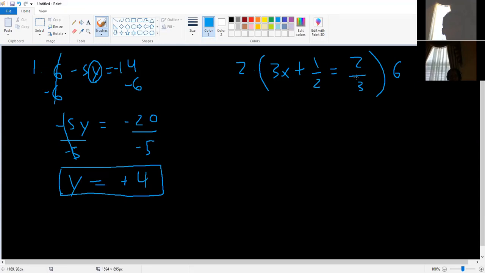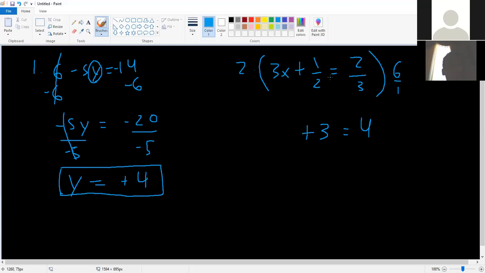Use the distribution. So 6 times 2 over 3, numerator by numerator, denominator by denominator. 6 times 2 is 12. 12 over 3 is 4. Again, we just distribute 6. 6 times 1 is 6, and 6 over 2 is 3.